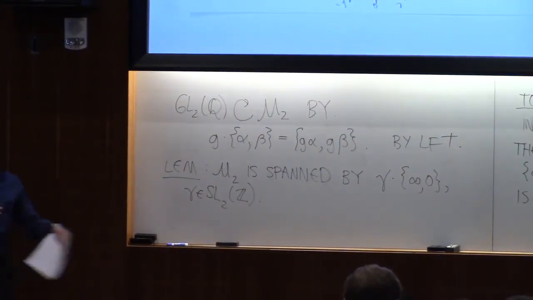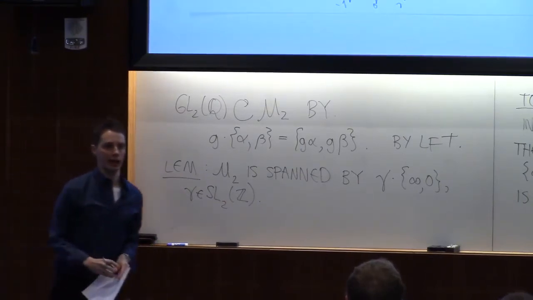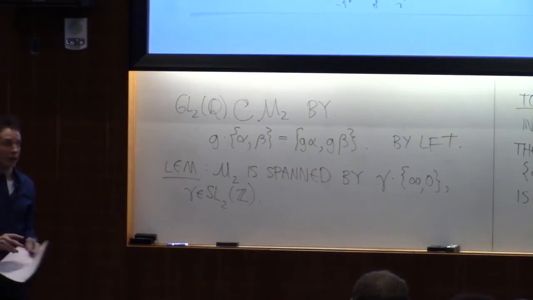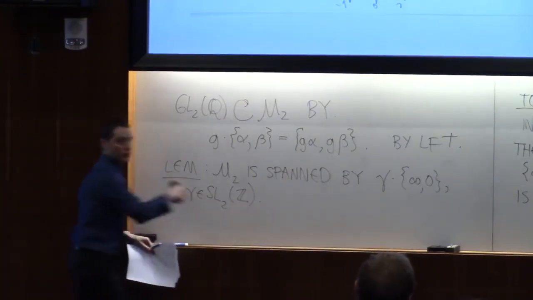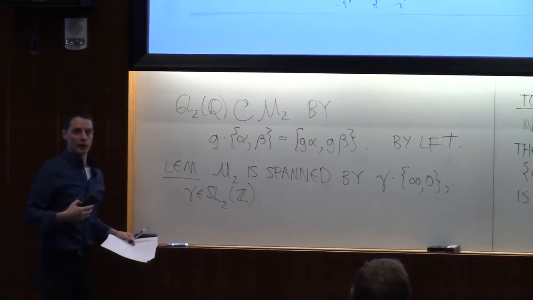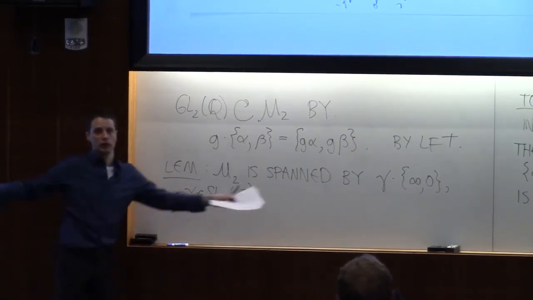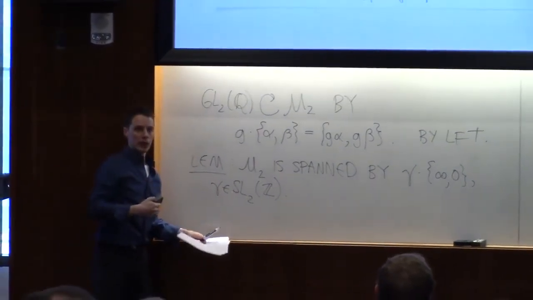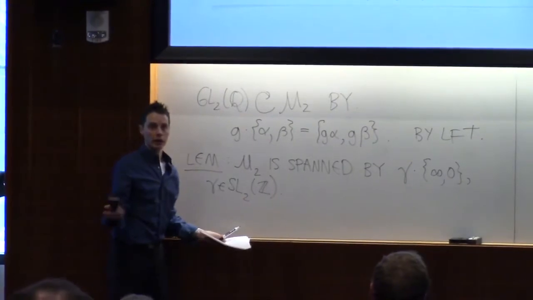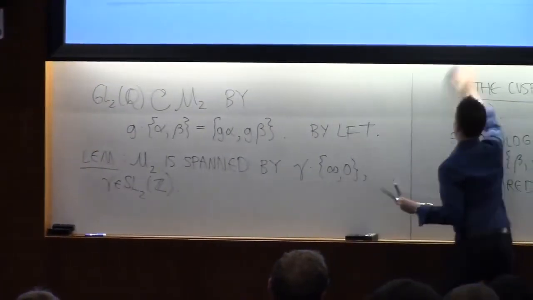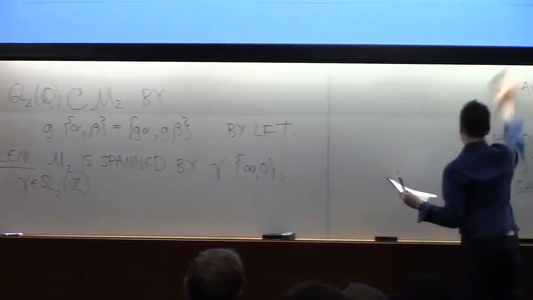So all of the {alpha, beta} on the planet, if I look at the symbol {alpha, beta}, I could have gotten that just by applying a matrix in SL2(Z) to the single symbol {infinity, 0}. So in other words, if you want to think about this vector space not just as a giant vector space, but a vector space equipped with the action of SL2(Z), then it has a canonical generator, {infinity, 0}. I don't know how canonical it is. It's canonical if you declare it to be.